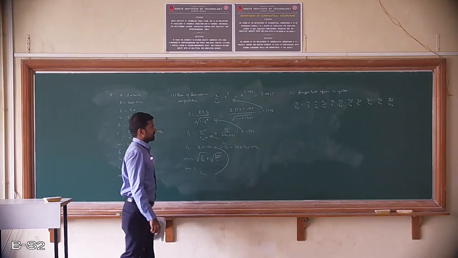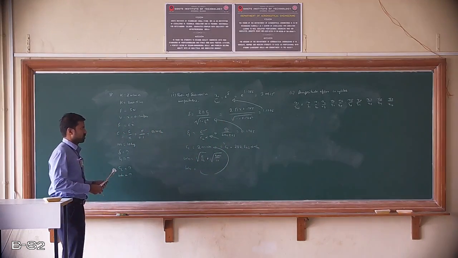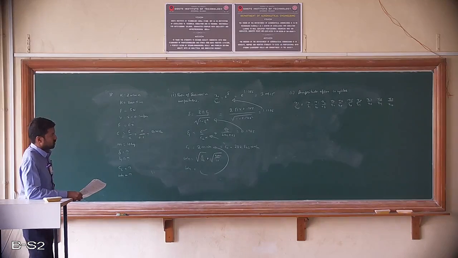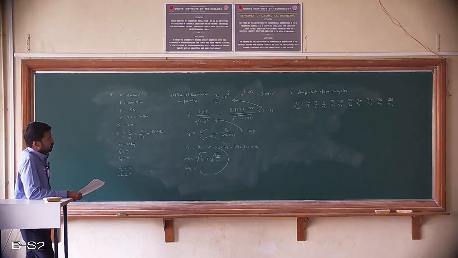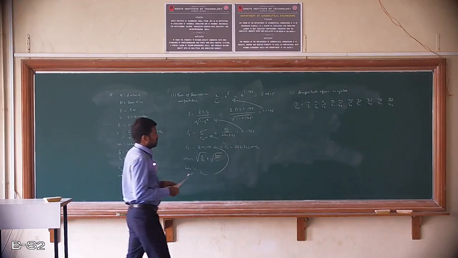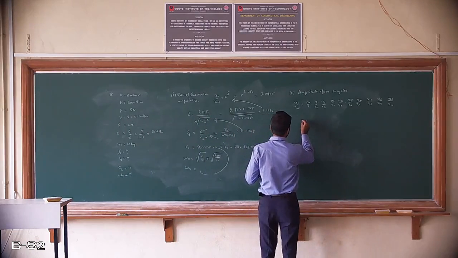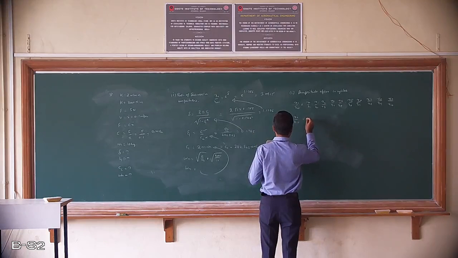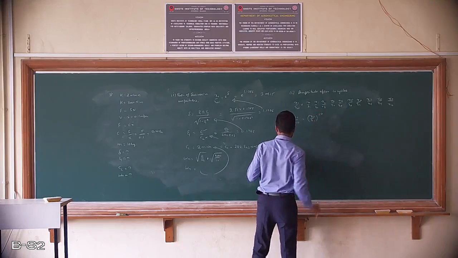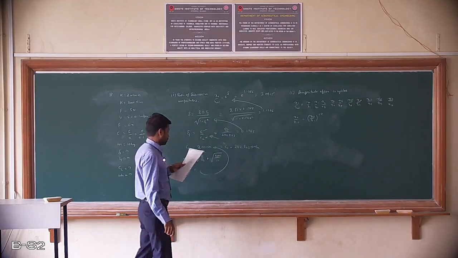So x0 by x10 can be written as x0 by x1 into x1 by x2 into x2 by x3 into x3 by x4 up to x9 by x10. So this can also be written as x0 by x1 whole raised to 10.